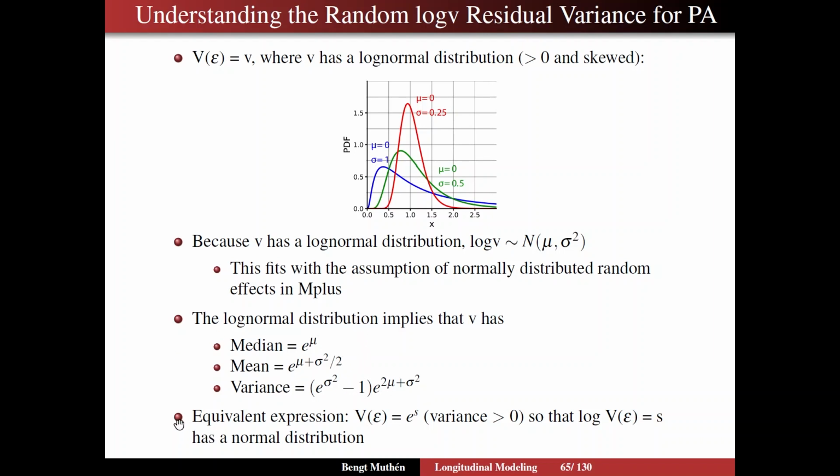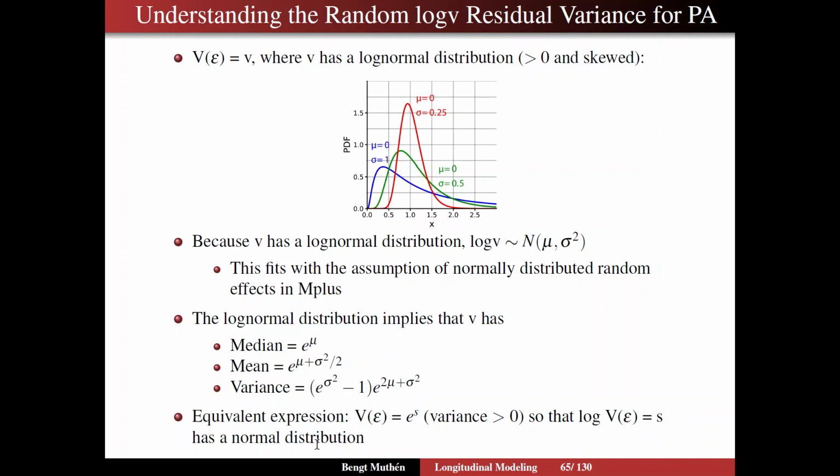And in some writing, you may see an equivalent way of expressing this, where you say that the variance of epsilon is e to the power of s, so that the variance is by necessity greater than 0, which we want, and therefore taking the log of that, log of e to the power of s is s itself, has a normal distribution.